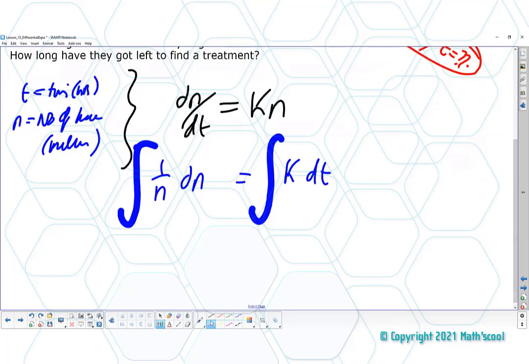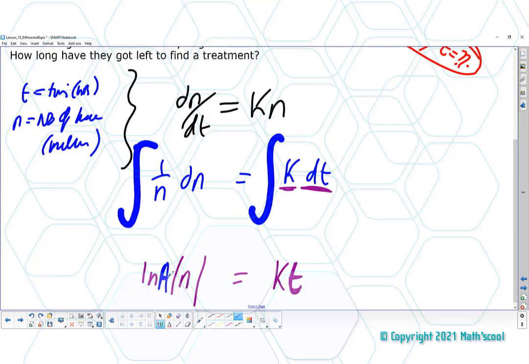So that gives us ln n equals, we're integrating k with respect to t, so that's going to give us kt. We need a constant. Let's put a constant a in there.